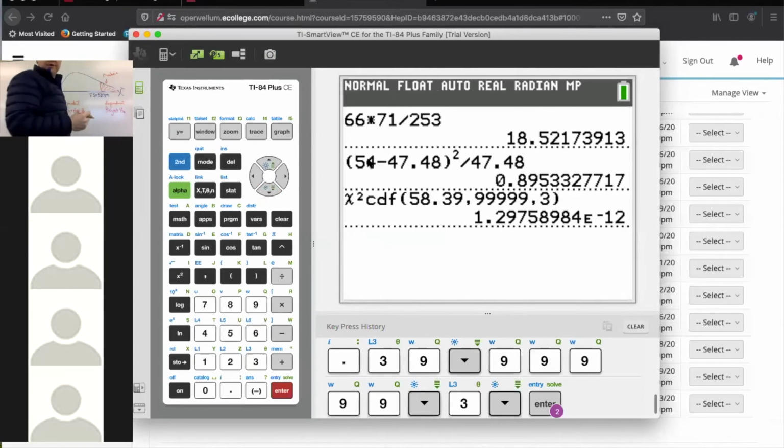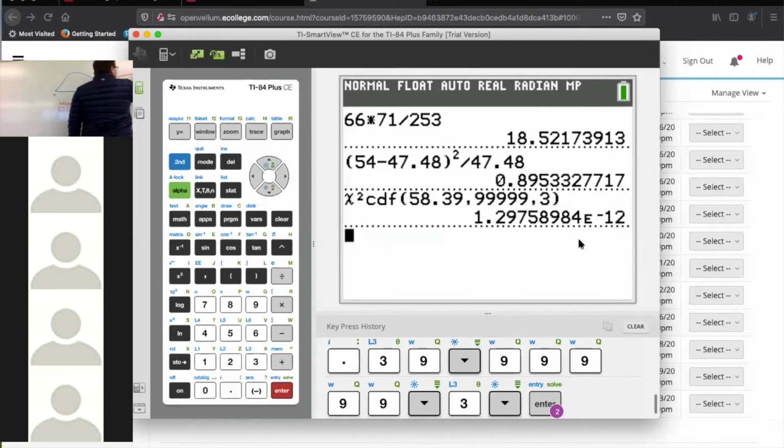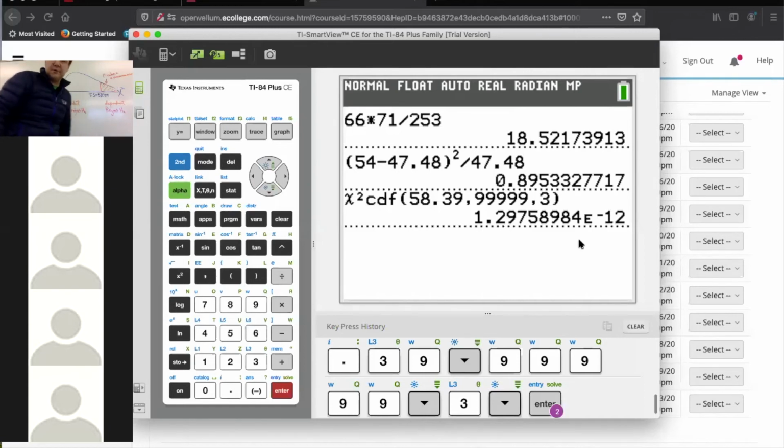Make sure you read all the way across the screen. The most important detail is right over there. So very small number.